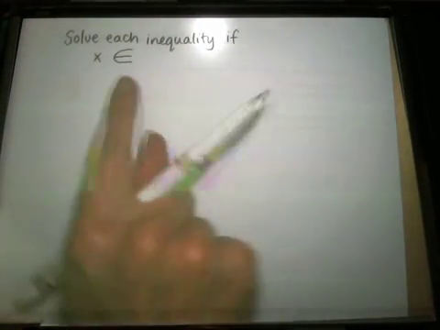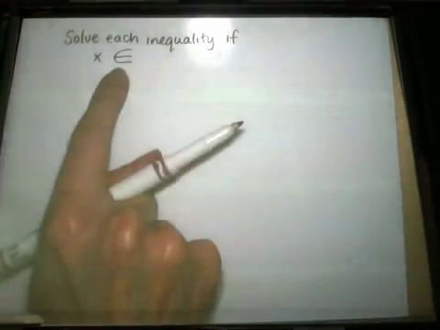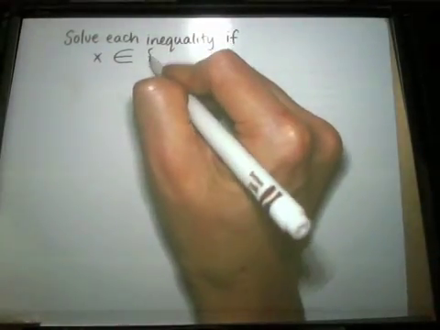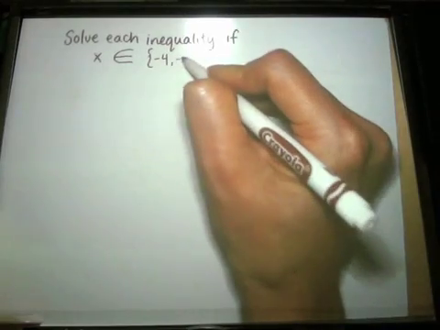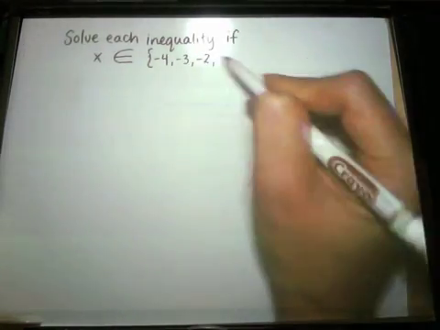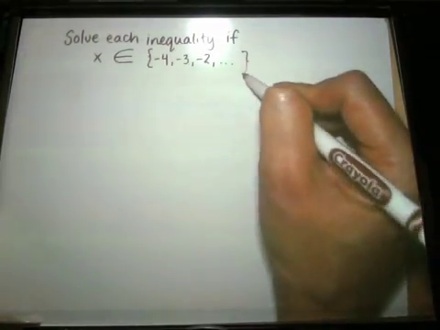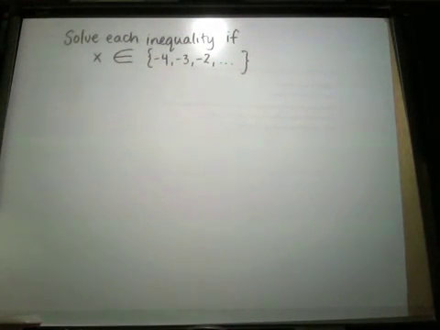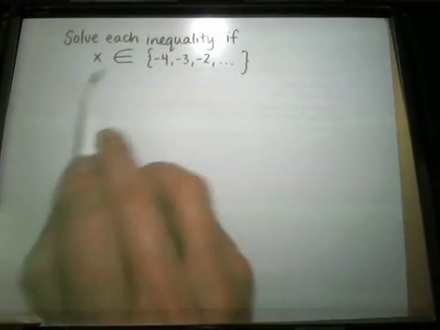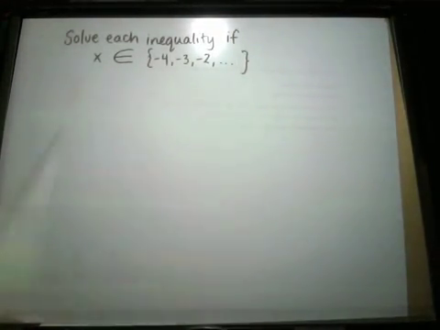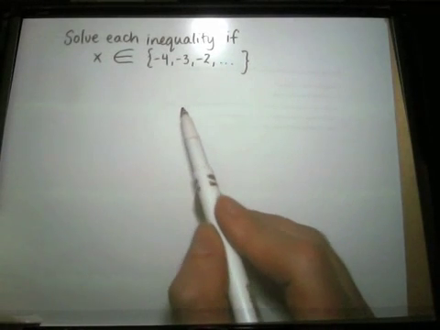All you need to know is that this symbol, meaning domain, and then you're going to have the curly brackets. If you can't do curly brackets, that's okay. And then you're going to see a whole series of numbers. The book has a whole bunch of numbers. It goes -4, -3, -2, -1, 0, 1, 2, 3, 4. Solve each inequality if x has a domain, meaning these are the values we're going to plug in for x.